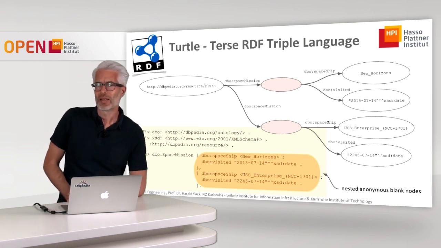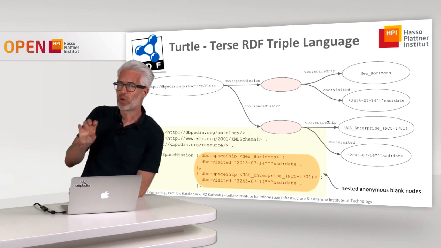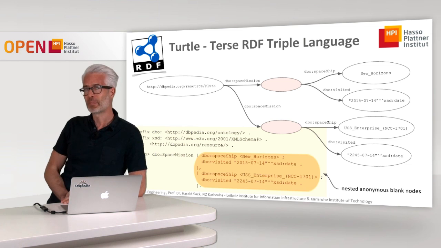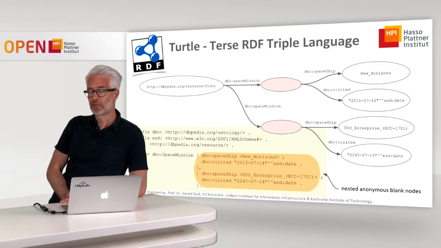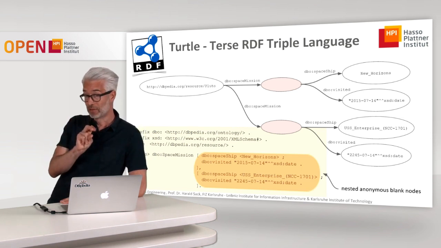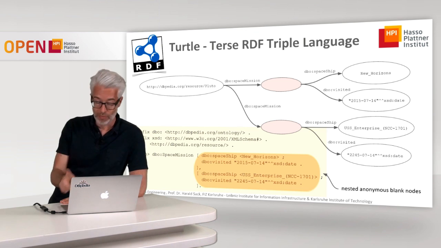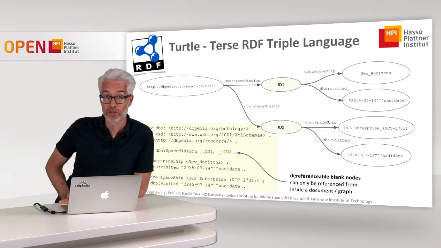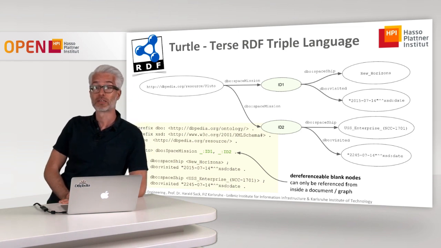Now, it could be possible that within the same graph, in the same document, exactly this blank node, this space mission, might be of some importance, and I want to say something about it. I want to reference it. Within the same document, this is possible. How? There is a second version of so-called blank nodes, and these are the so-called dereferenceable blank nodes.